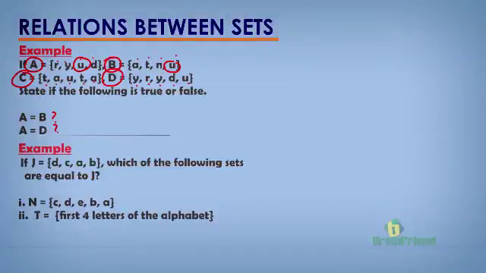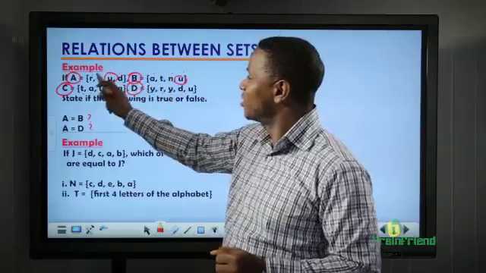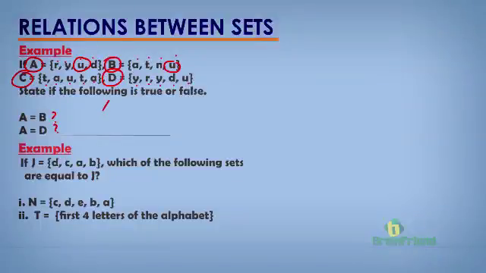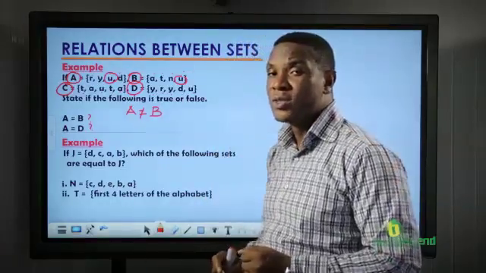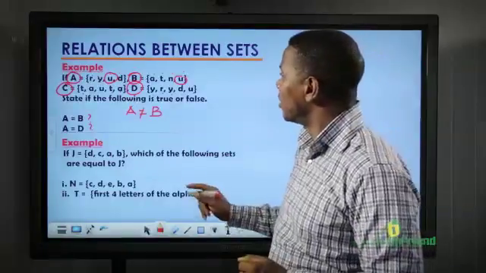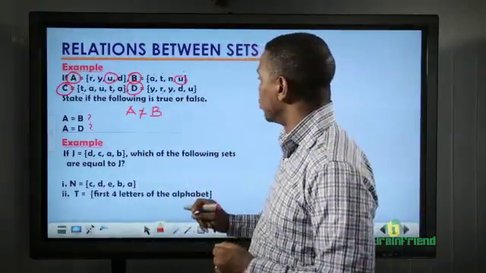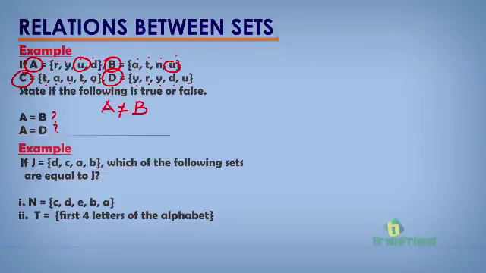It simply means that every other element is different. Therefore, we say that A is not equal to B. For A to be equal to B, we said all the elements within A must be present in B. So A is definitely not equal to B.